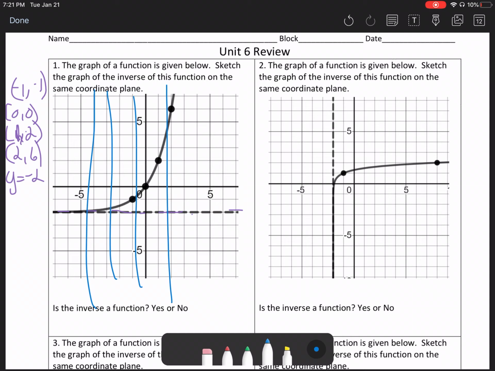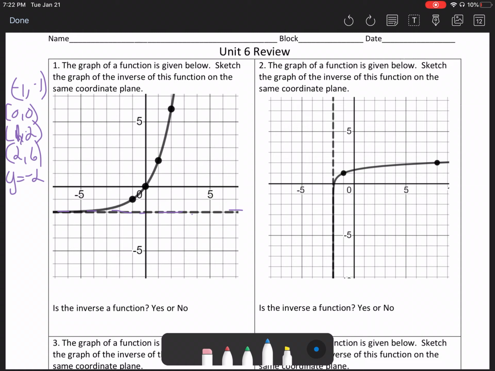But you can also tell if the inverse is a function if my graph passes the horizontal line test, which my graph does. My horizontal lines only intersect my graph once. And so that's how you know that the inverse is also a function without actually graphing the inverse. So you do both the vertical and the horizontal line test.